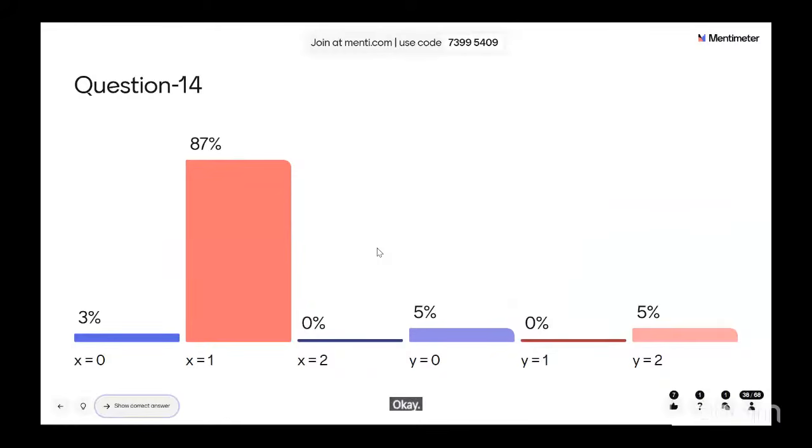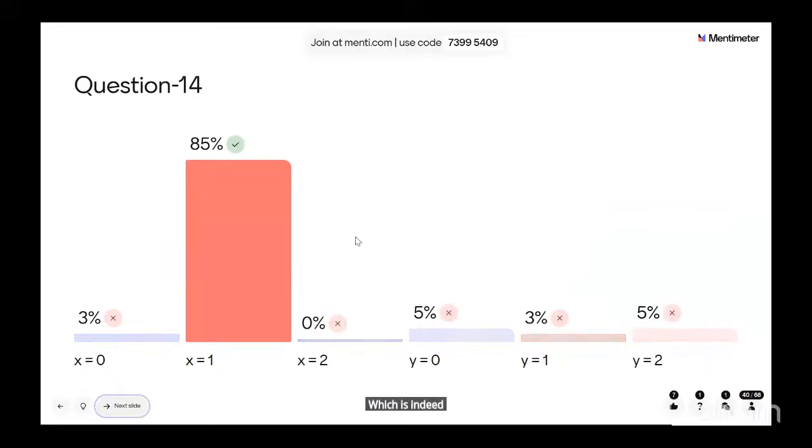Okay, so the majority says x equal to 1, which is indeed the correct answer.